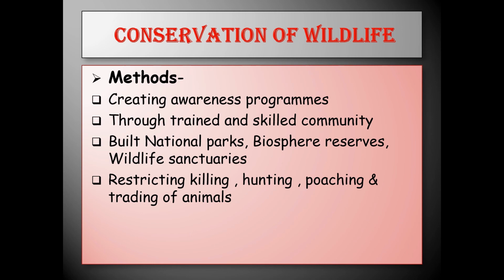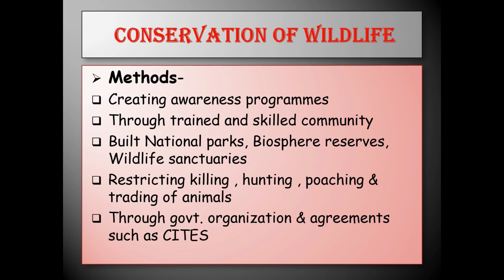They are blindly involved in poaching. These result in a sharp decline in the number of particular species. So they need to be restricted through government organizations and agreements such as CITES. Animal and bird trading should be prohibited, and to meet this purpose, international or national organizations need to work on it, just like the International Convention, CITES, has been introduced.